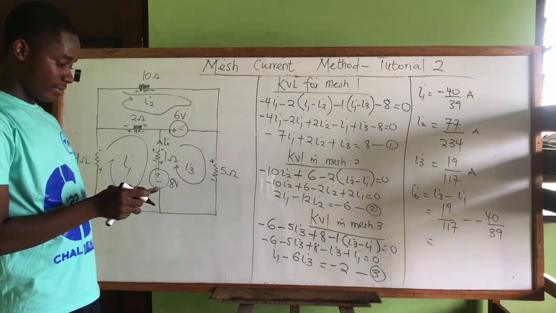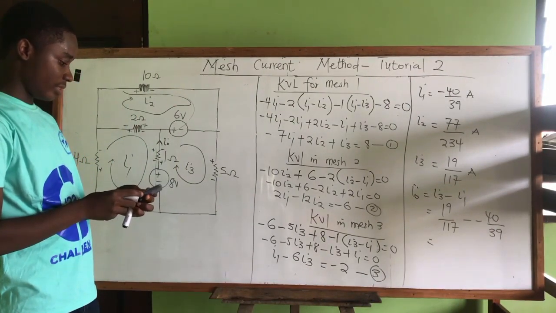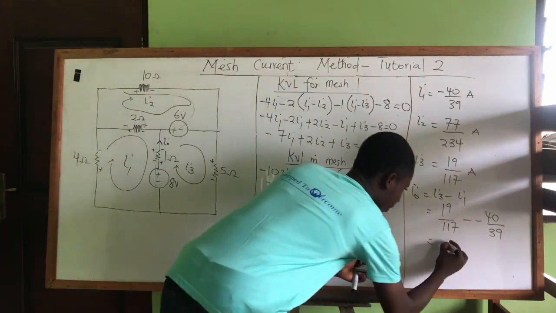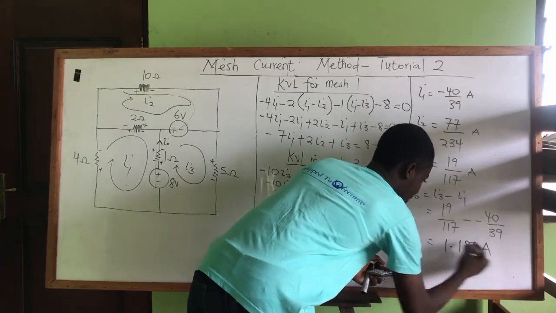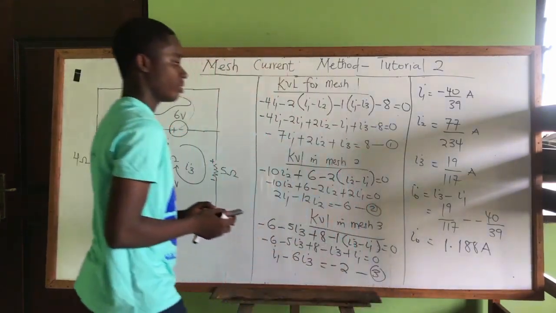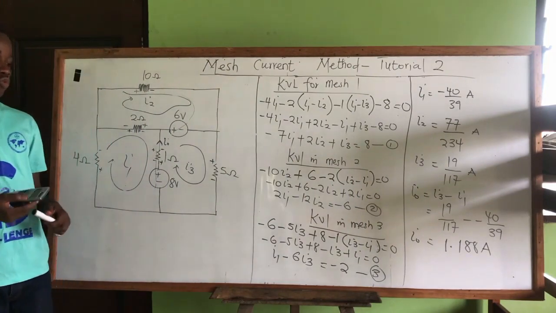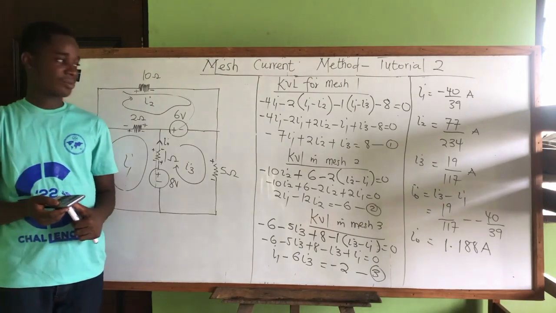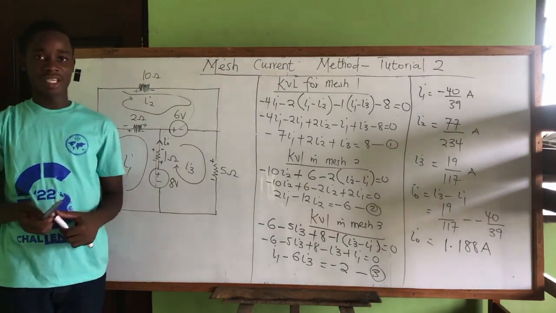So we have 19 on 117 minus 40 on 39, which gives us 1.188 amperes as our I naught. So the current flowing through the 1 ohm resistor is equal to 1.188 amperes. So that's the end of this tutorial video. Thank you very much.